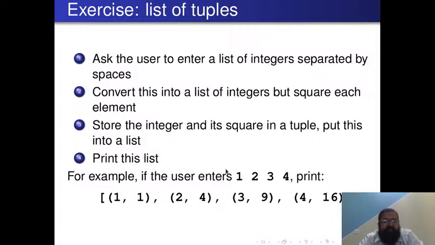So, for example, if the user enters 1, 2, 3, 4, you have to print (1, 1), (2, 4), (3, 9), (4, 16). So, here you have a list of tuples and each tuple is the number and the square of that number. Correct? So, this is what you have to print at the end. Okay, students?